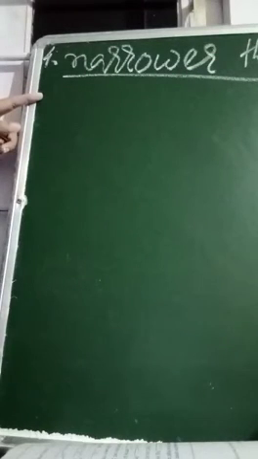So here we are comparing between two nouns, stream and river. So it will be what? Comparative, right? So the word is what? Narrow. So we have to change it into a comparative degree. So the answer will be narrower. Okay, narrow, we will add er, and then we will add than. Narrower than a river.